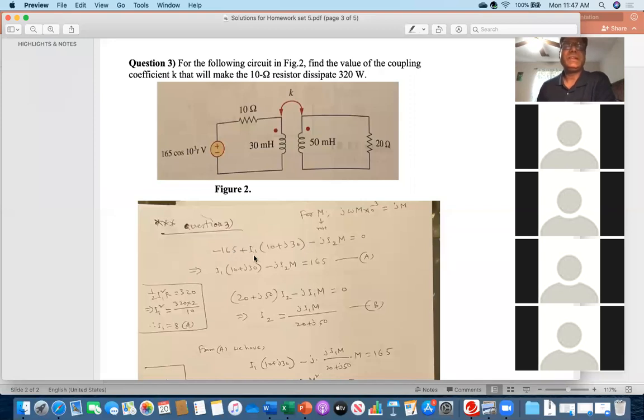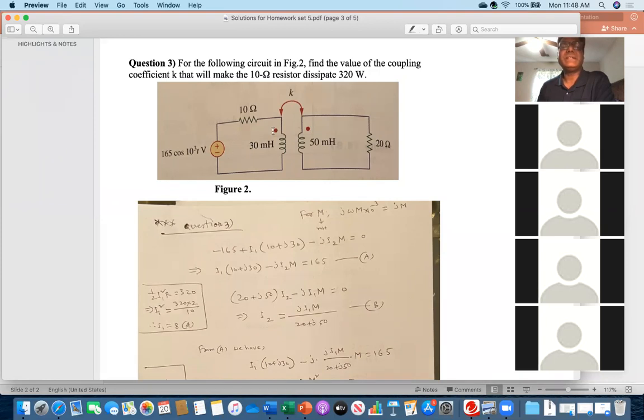Now see the equation for the left side mesh: minus 165, because this is the source, angle 0, plus I1 times 10 plus j30. Again you see, I assume the clockwise current direction for I1 and I2.